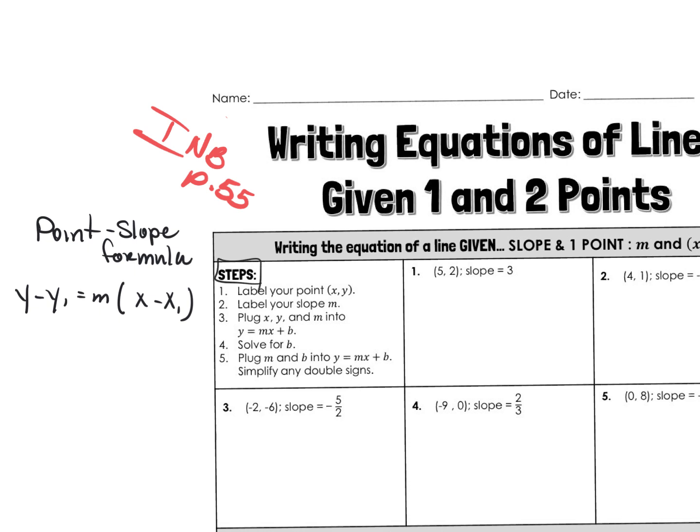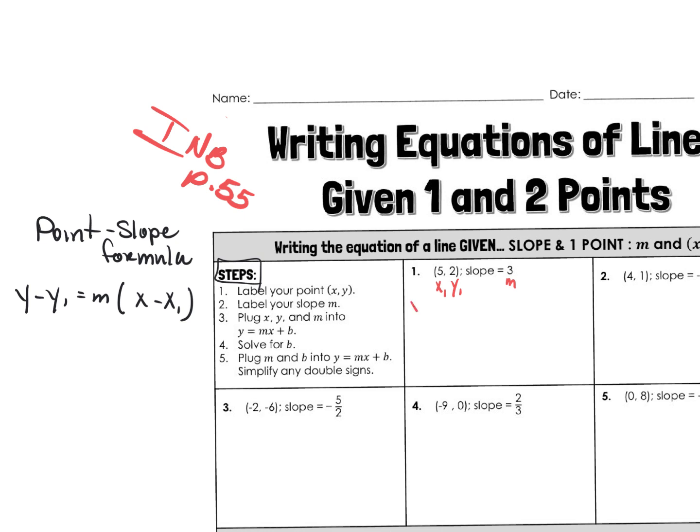If you look at the steps, here they are right here. Let's look at this first one. The first thing we want to do is label your points. This is your point, this is your x1 and this is your y1. Then it says label your slope. This is your slope. Then we're going to plug x and y into the equation.